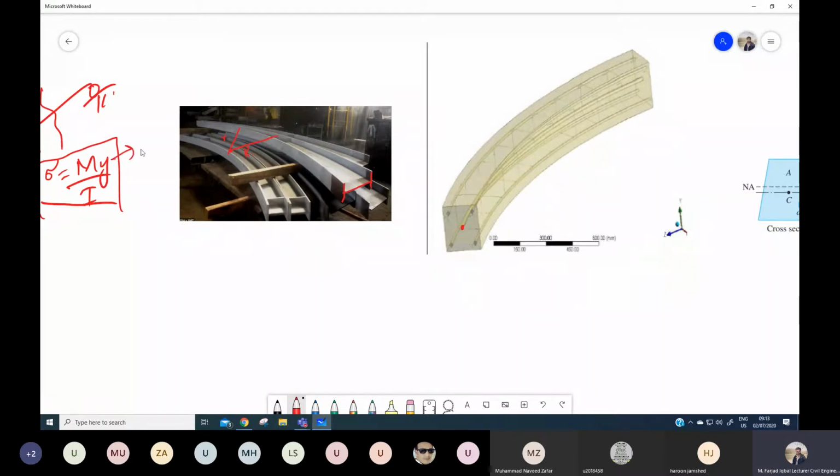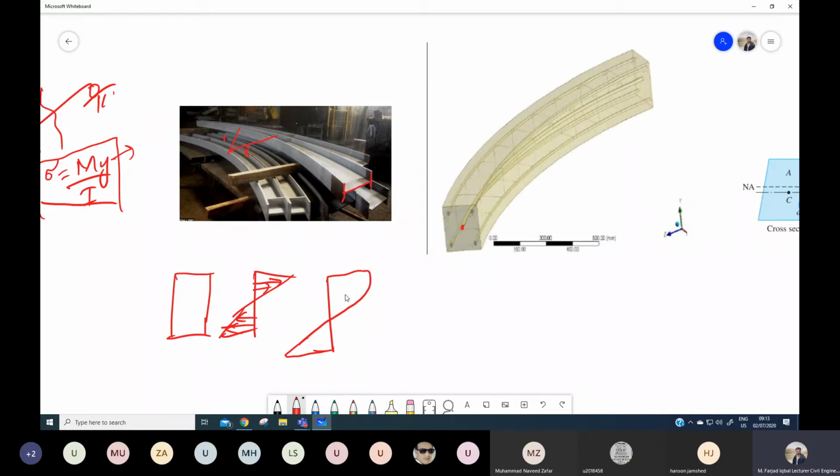We can't apply the straight beam formulas, because here we have to take into account the radius and the distribution of stress. For example, in a straight beam with a rectangular cross section, the distribution of flexural stresses is something like this. But this is not the case in a curved beam, where the distribution is non-linear, a hyperbolic function or something like this.